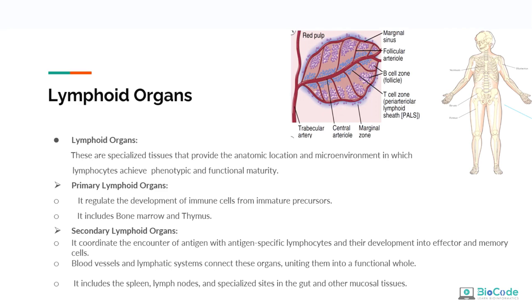Blood vessels and lymphatic systems connect these organs, which unite them into a functional whole. All of them together work to defend against a pathogen. The secondary lymphoid organs include the spleen, lymph nodes, and specialized sites in the gut and other mucosal tissues.